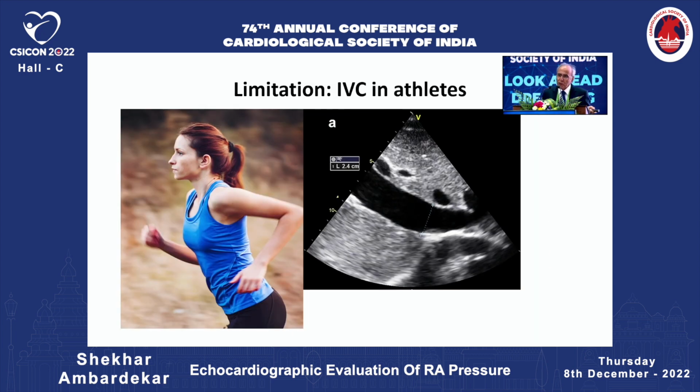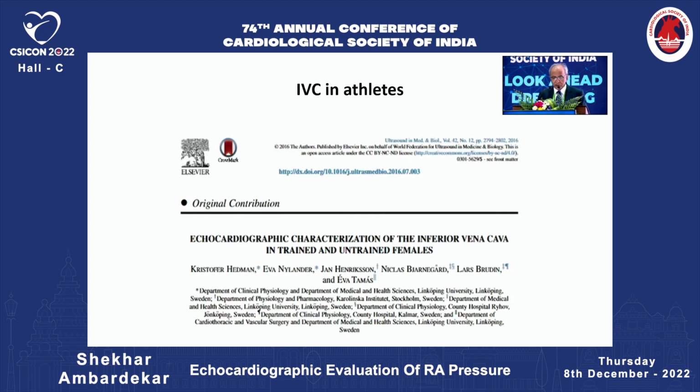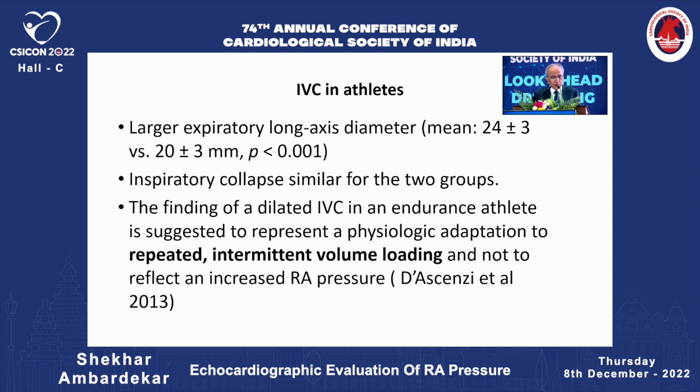Now with all our methods, there are some limitations. One limitation is in athletes. Now what is the limitation in athletes? It was also studied extensively. Friends, trained athletes very frequently have a larger expiratory long axis diameter of the IVC.